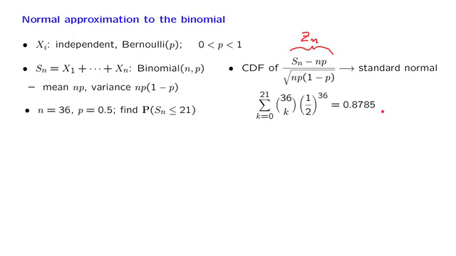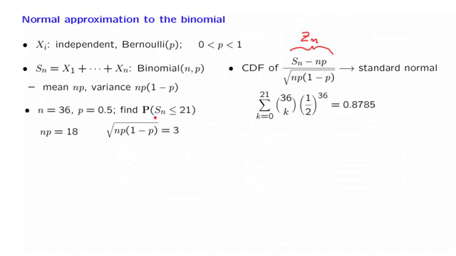Now let us proceed using the central limit theorem. We are interested in this probability, but we will use the fact about the CDF of this related random variable. So the first step is to calculate n times p, which is 18. The second step is to calculate this denominator here, which in our case evaluates to 3.